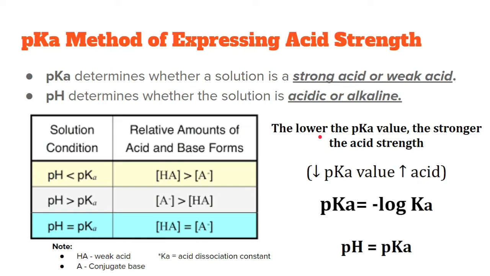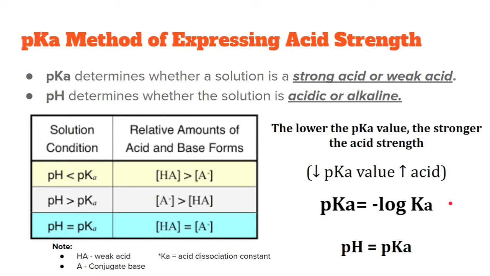So the lower the pKa value, the higher the strength. They are inversely proportional. If my pKa value is close to 0, meaning lower, the acidity of a substance is stronger.